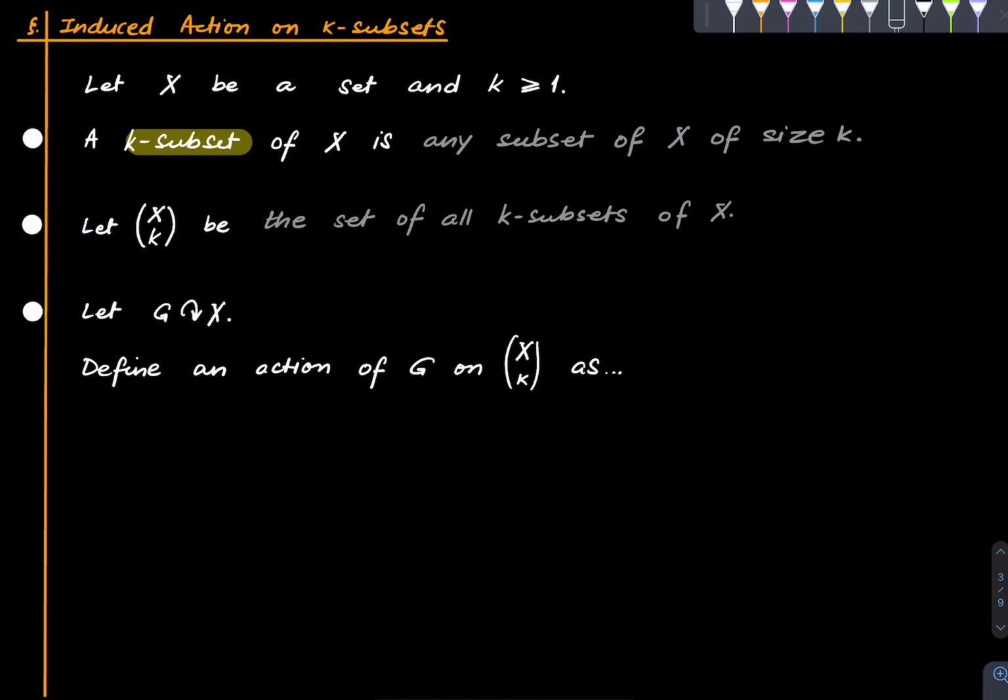And here is the general construction. Suppose we are given an action of a group G on a set X. Then we define an action of G on the set of all the K subsets of X as follows.